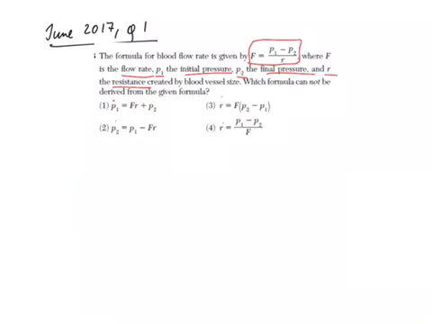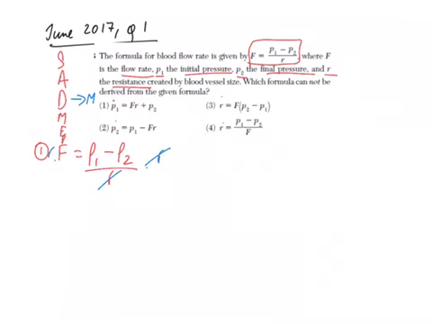So let's make P1 the subject, P2 the subject, and then R. Let's use SADMAP. We see a division. What's the opposite? Multiply. So let's multiply by R. FR is equal to P1 minus P2.